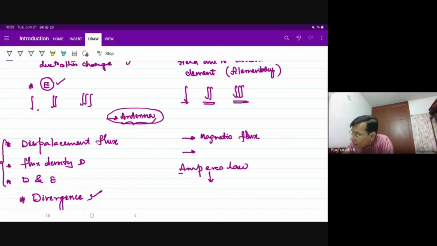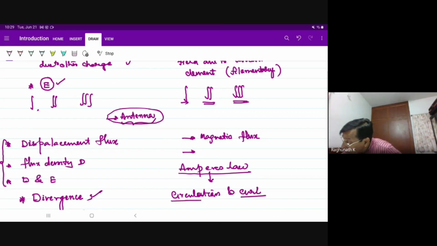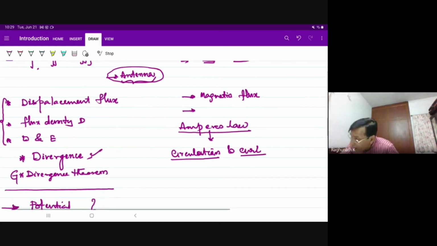Ampere's law really takes us to something called circulation, like divergence and curl. Basic application of it, right? Curl is what I look at. Circulation per unit area is curl. Using this, I will understand something called Stokes' theorem.